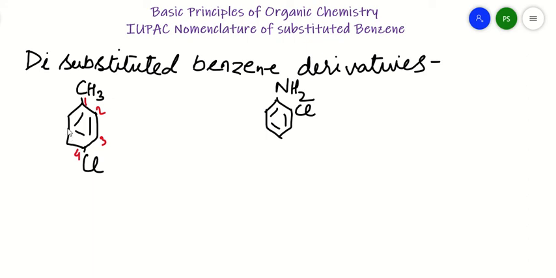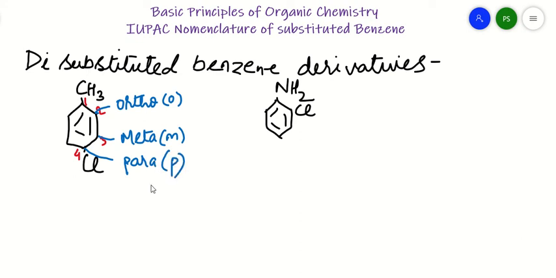When we talk about disubstitution, after the first substitution, the immediate second carbon atom position is called ortho, represented by O. The next is meta, represented by M. And next to meta is the para position, represented by P. If this Cl was not there, the compound would be called toluene, and now chloro is present on the fourth position, which is the para position.